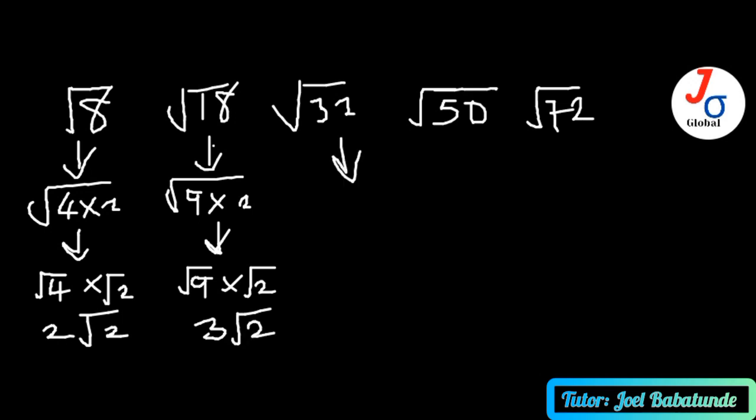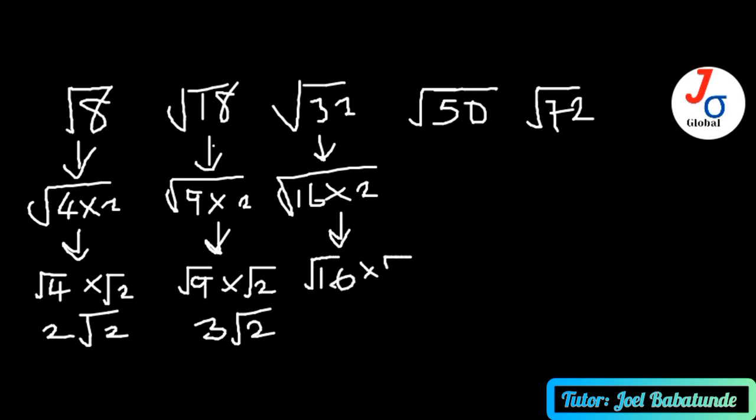Then 32: that's 16 times 2, which gives us root 16 multiplied by root 2, and root 16 is 4, so that's 4 root 2.